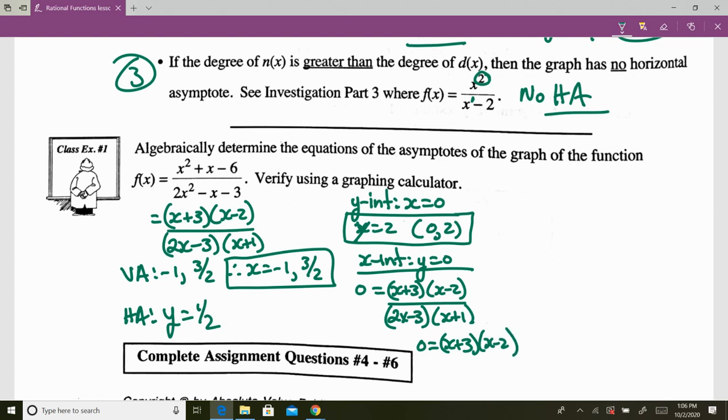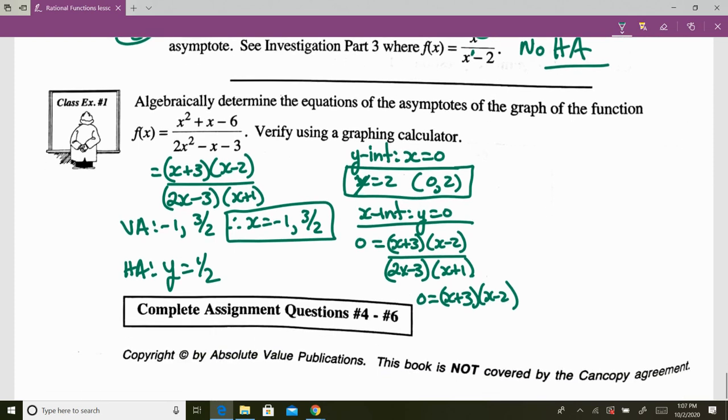What does x equal? -3 and 2, right? Does everybody agree with that? Those are your x-intercepts. If you write them as a point, it's -3, 0, and 2, 0. Now, what would have been the shortcut that you don't need to do every single time?